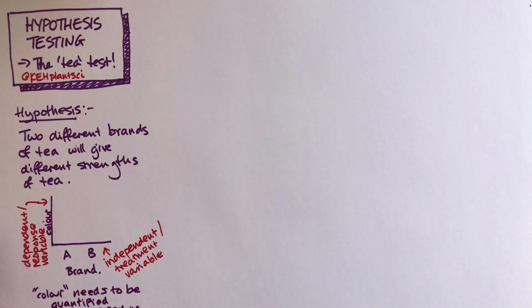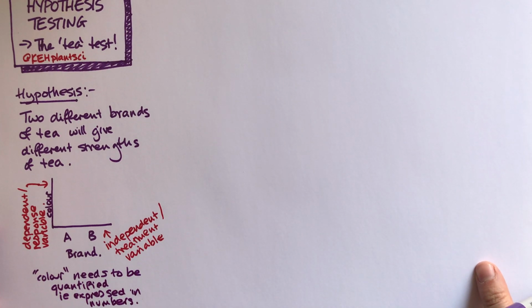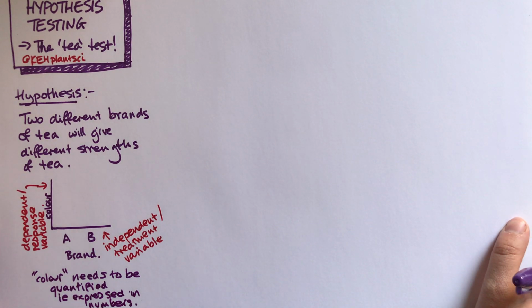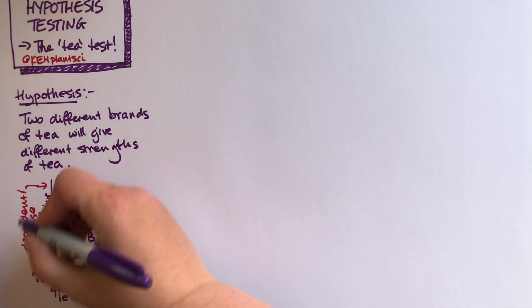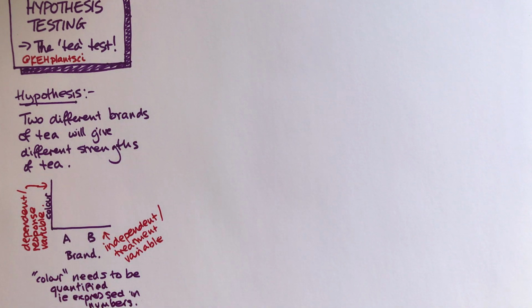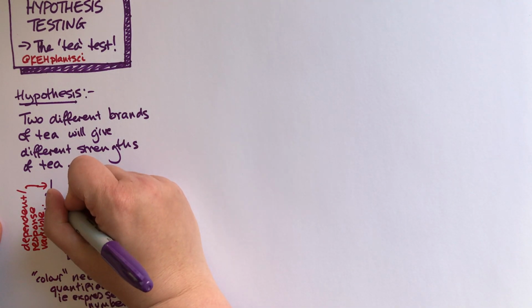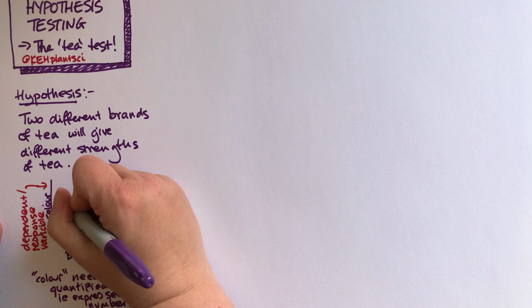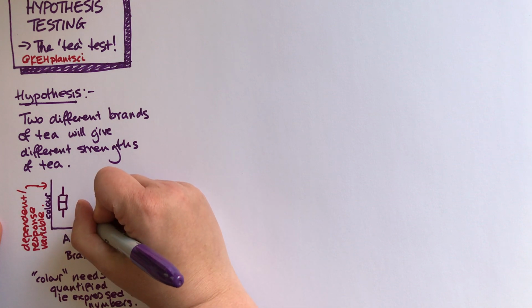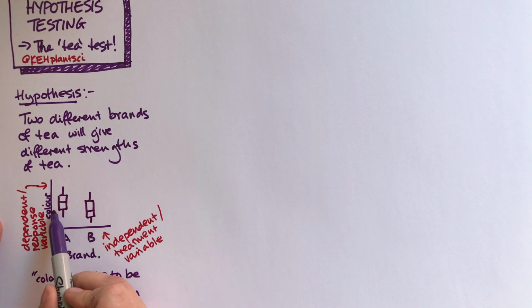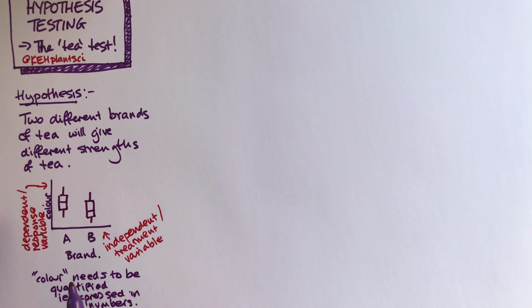Okay, so it's no good saying that, oh, that one looks like it's a little bit darker than the other one. What I'm going to need to do is to actually find a number for expressing my tea. And there's various methods I could use. What I'm looking for is to then draw a box and whisker plot, so I've then compared the colours of my two different brands.